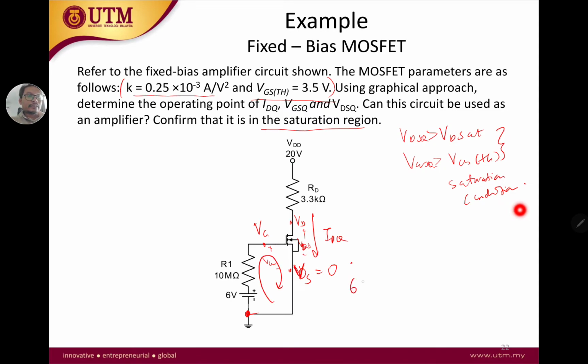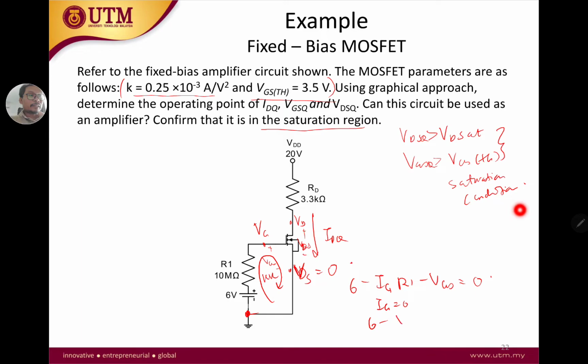So 6 minus IG R1 minus VGS equals 0. Looking at the KVL, it's one KVL loop on the input, and IG equals 0.